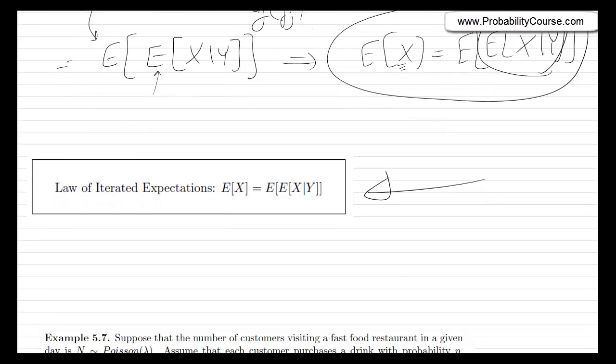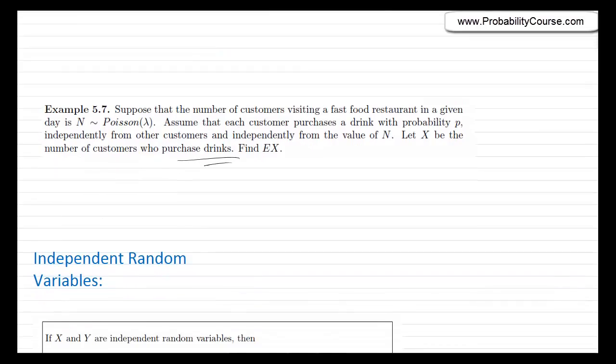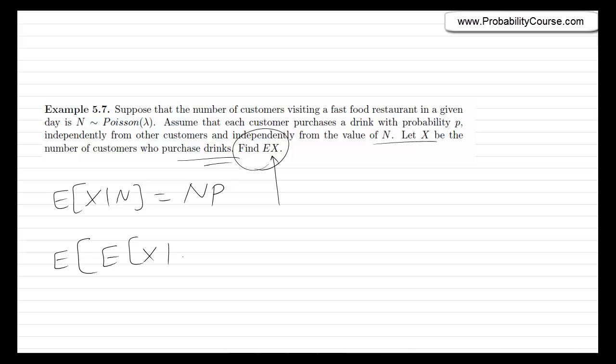To get some more practice with our new notation, let's look at this example that we discussed last time, the number of customers who are purchasing a drink, and so on. Suppose that we are interested in finding expected value of x. Remember, expected value of x given n, which we found above, is equal to n times p, right? Now, if I'm interested in expected value of x, which means the expected number of customers who purchase drinks, I can just apply the law of iterated expectation.